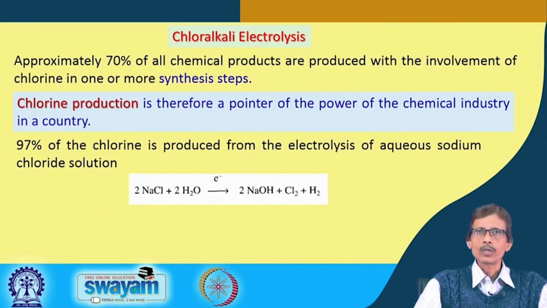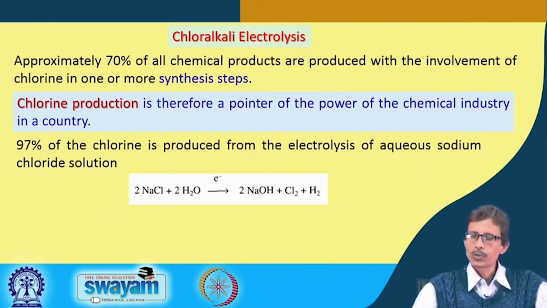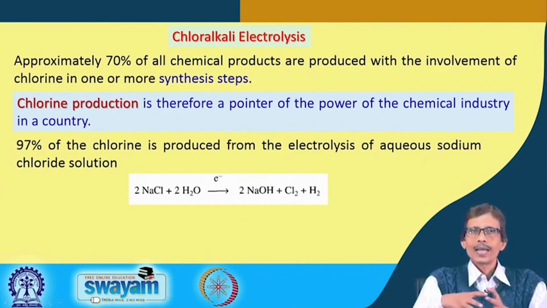But along with that, when you produce Cl₂, you also produce NaOH. That means you are going for some value-added material. As I told you, sodium chloride as table salt is very cheap, but sodium hydroxide is not so cheap.